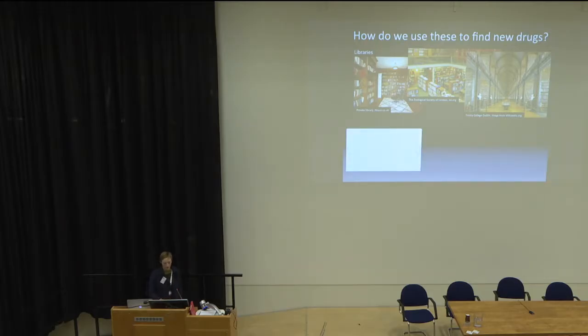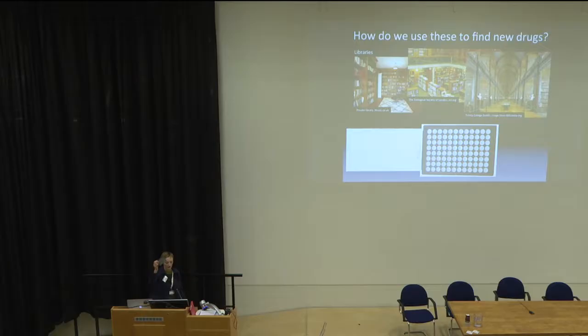I guess the typical thing we think of cells growing in is a dish like this. But obviously when we're looking at these big libraries, we can't really have thousands of these. It's just unwieldy. So we're able to do a large number of experiments in parallel by using ones like this.